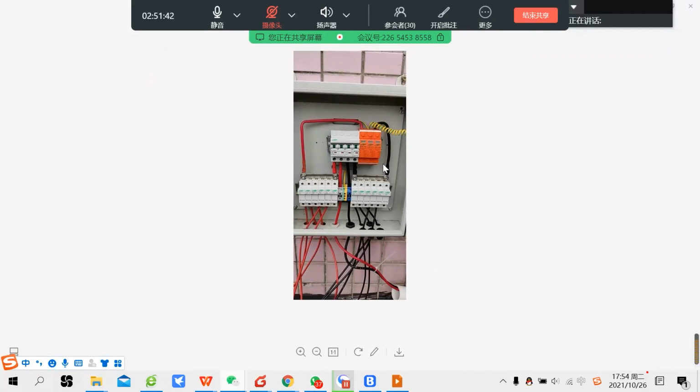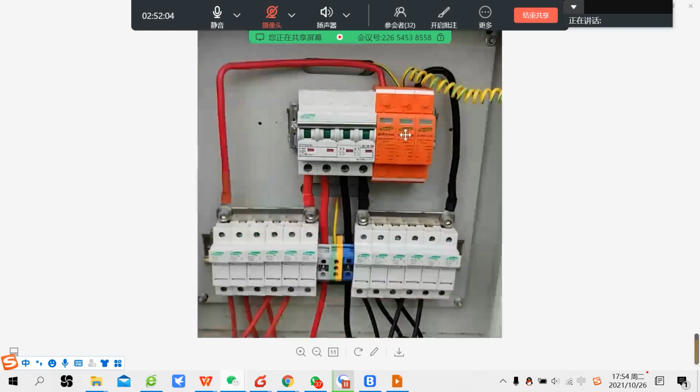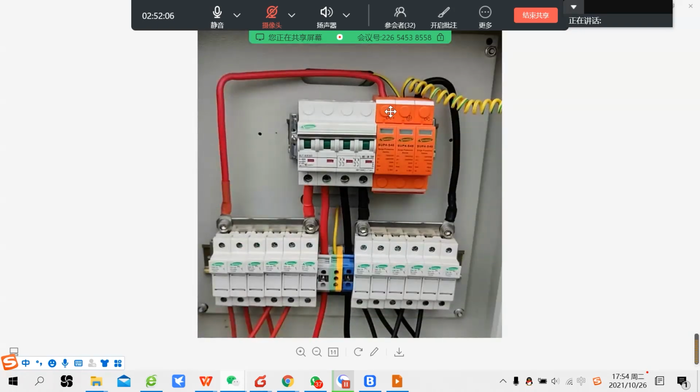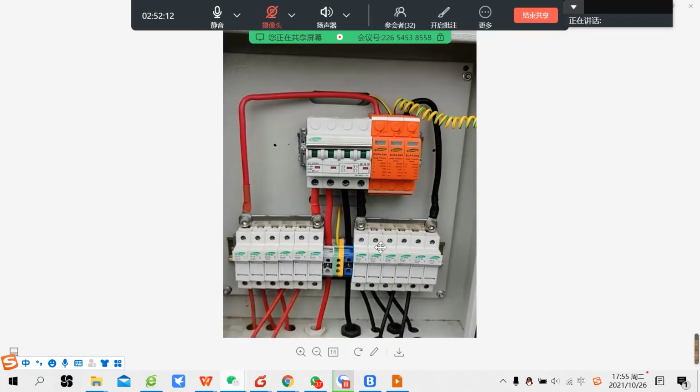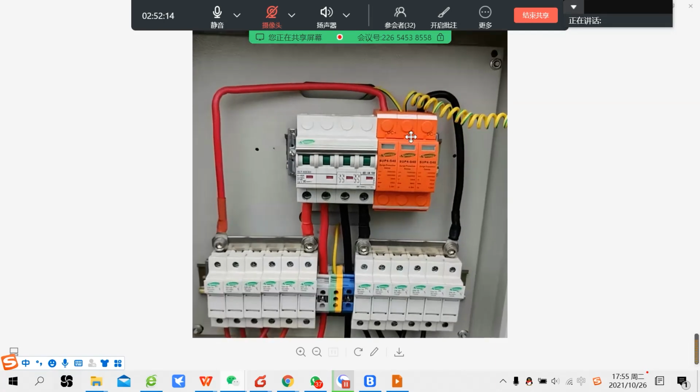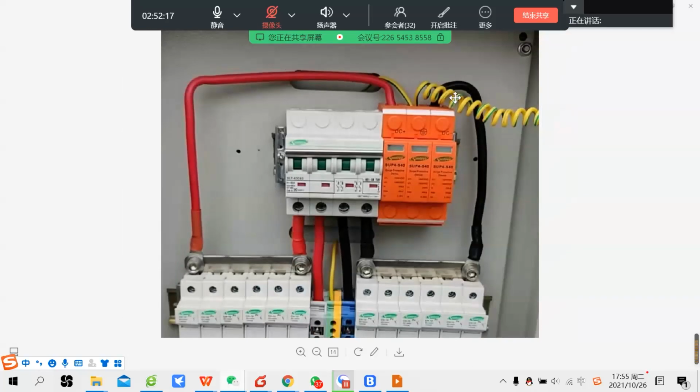Can you see this one? This is the SPD here. This side is for the positive, this side for the negative. Okay, this is the PV combiner, and this middle one is the earth. The earth is connected well. Okay.